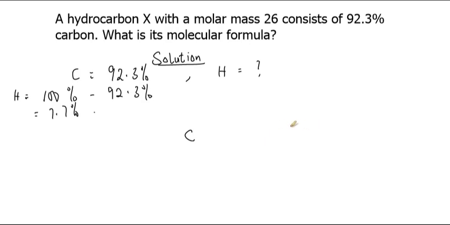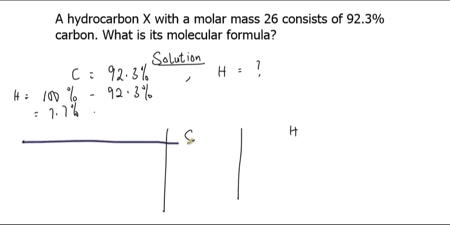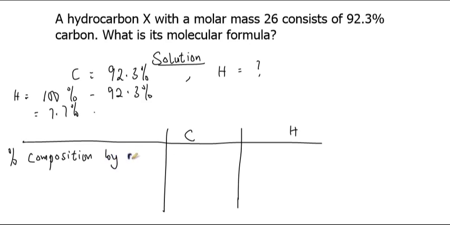We have carbon and hydrogen in a tabular form. The first thing we have will be the percentage composition by mass. For carbon, we have 92.3, then for hydrogen, we have 7.7.